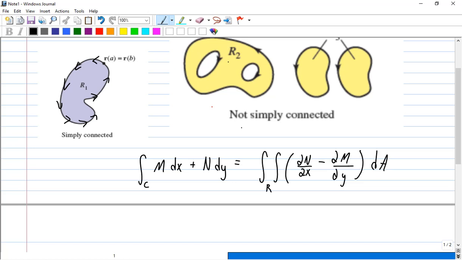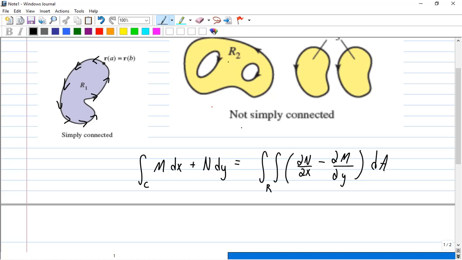Again, let me tell you what that means. This theorem states that the value of a double integral over a simply connected plane region R is determined by the value of the line integral around the boundary of R. So notice the line doesn't cross itself around R sub 1 up there, and it is piecewise smooth.